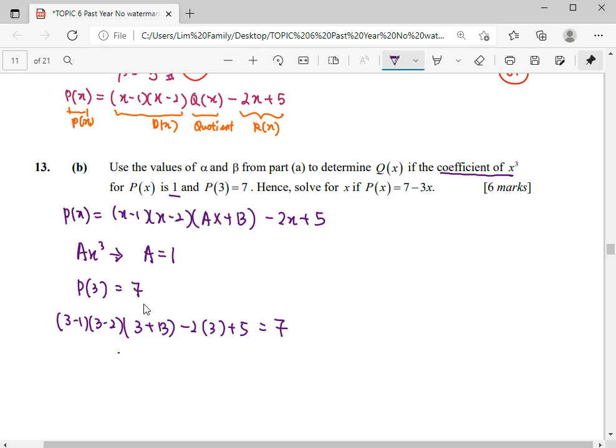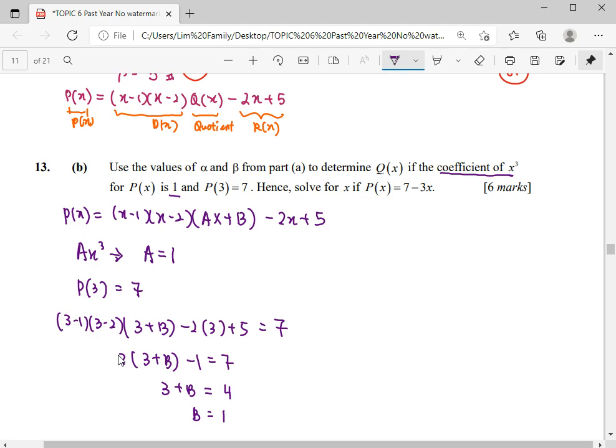So here we have 2 minus 1 equals 7. So we find out what our b is: plus 1, 8 divided by 2, 4. So b will be equal to 1.